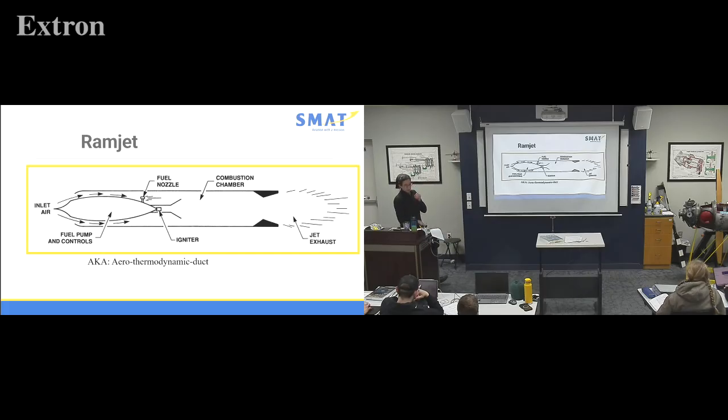They'll be used on weapons delivery systems, sadly. But the air will come in convergent, and then what kind of duct is right there? Divergent. So we're building our pressure for our fuel and ignition, combustion to happen, and then we have exhaust out the back to propel it forward.